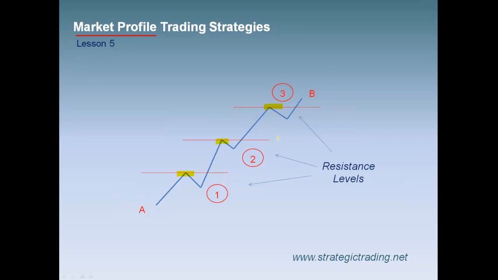And as the movement continues, we're likely to meet more and more resistance levels at different points. The key part of our discussion here is to understand that you are always going to encounter support and resistance levels in the market. The other important thing to understand is support levels are always very good points to buy, and resistance levels are good points to sell.